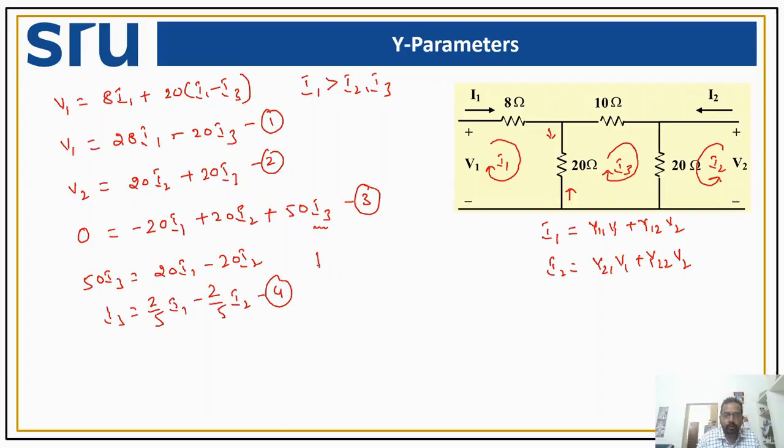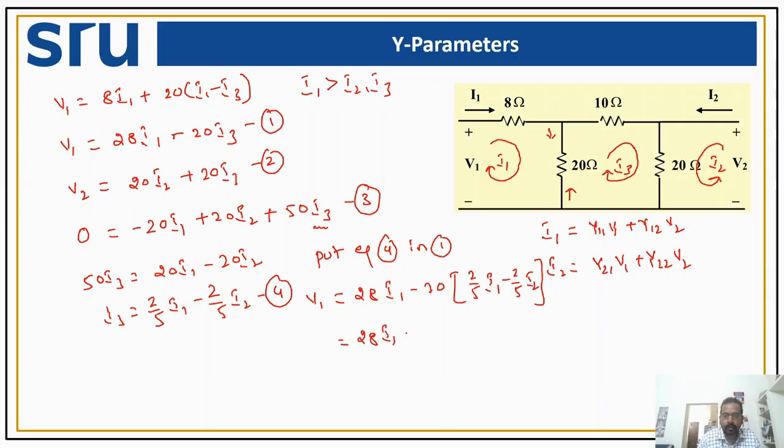Now we put equation 4 in equation 1. So what do we get? V1 is equal to 28 I1 minus 20 into (2 by 5 I1 minus 2 by 5 I2). Let us rearrange this equation. We get 28 I1 minus 8 I1, since 5 fours are 20, and minus into minus gives plus 8 I2.